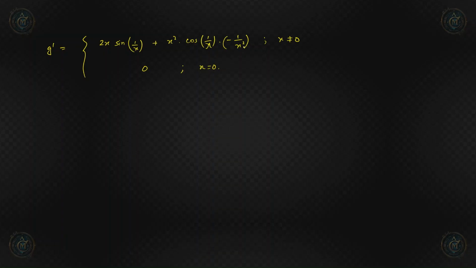So we can clearly say x square will be cancelled. So this term becomes minus cos of 1 by x, right? So if we calculate limit x tending to 0 of G dash x, this becomes limit x tending to 0 of 2x sine of 1 by x minus cos of 1 by x, right?